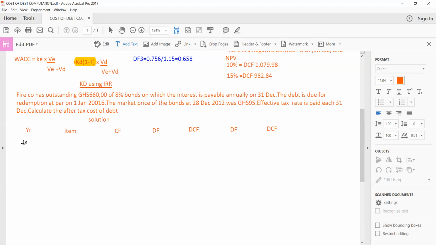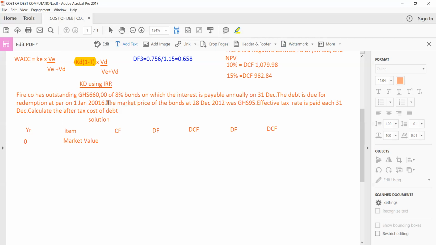We start with year 0. And the item over here should be the market value. Because if any item is in year 0, it is in a current state. And any value in current terms is already in present value. And a present value will be the existing market value. So the existing price of the debt is stated at what? 95 Ghana cedi, right?